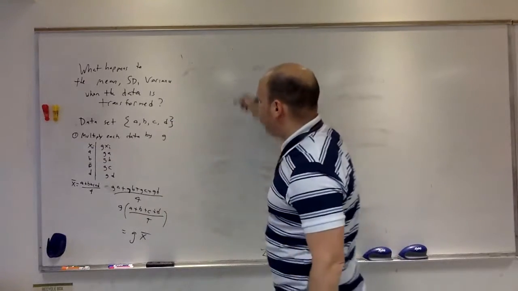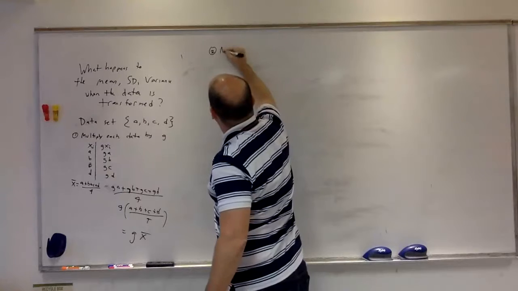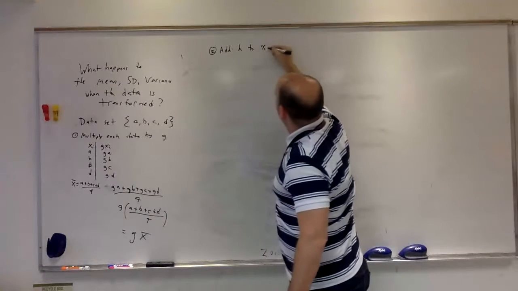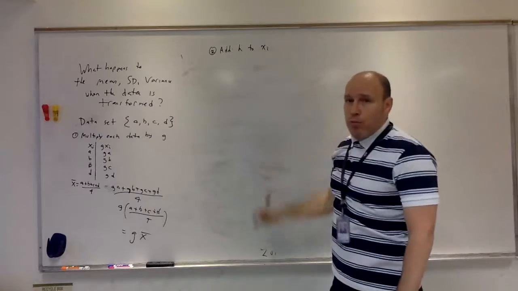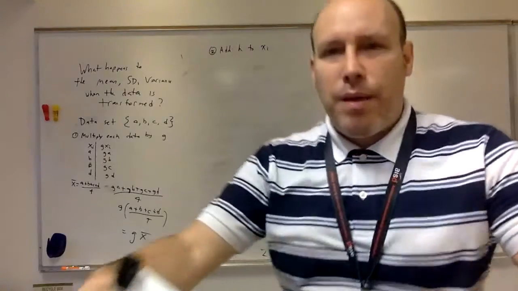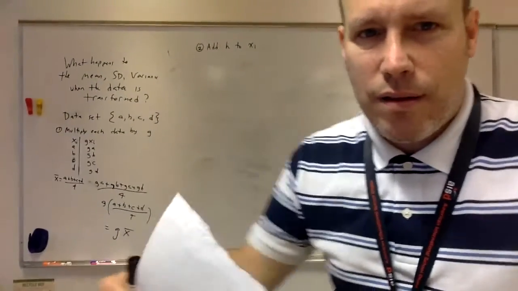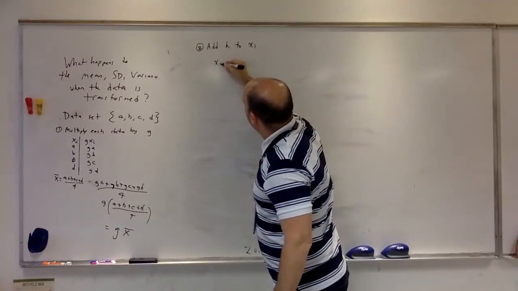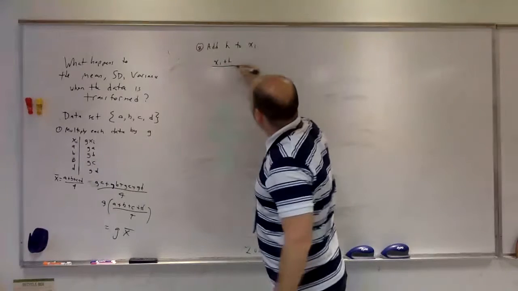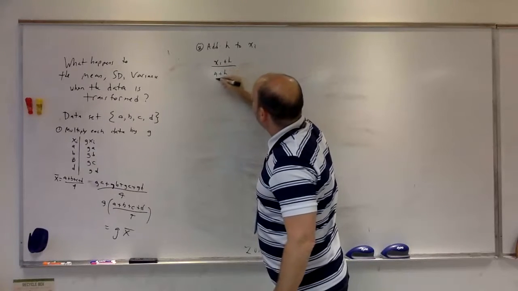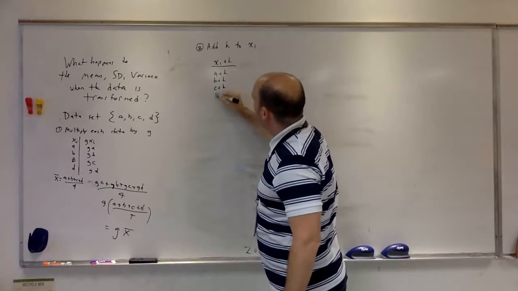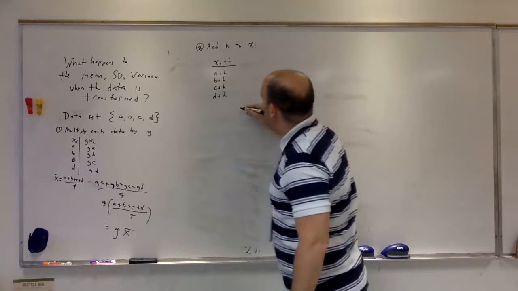Let's continue. What happens when I add H to all the data points? What happens to the mean? So we have xi plus h. So we have a plus h, b plus h, c plus h, d plus h.